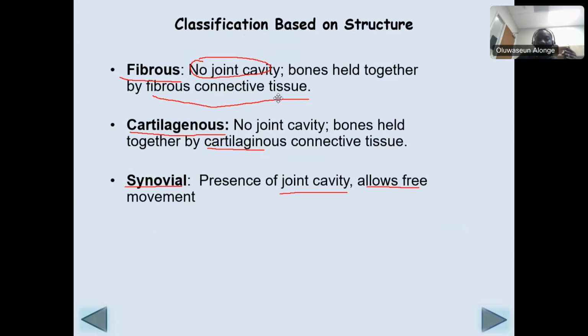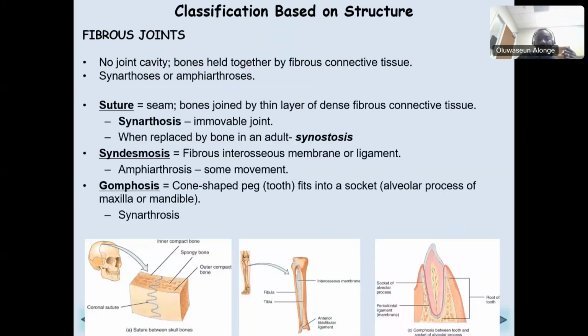Now we are going to look at the joints individually. The first we are going to consider is the fibrous joint. We said that they don't have a joint cavity and the bones are held together by fibrous connective tissue. This could be synarthrosis, meaning there's no movement, or they could allow a little movement.